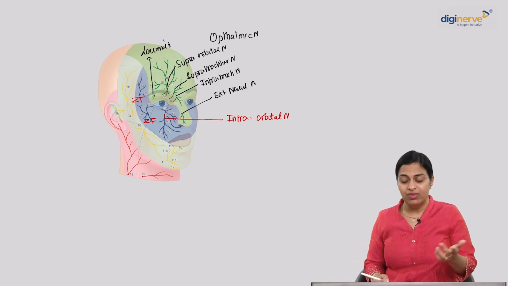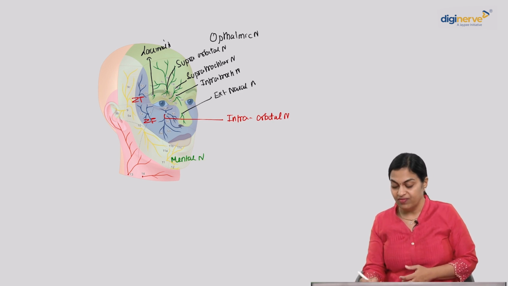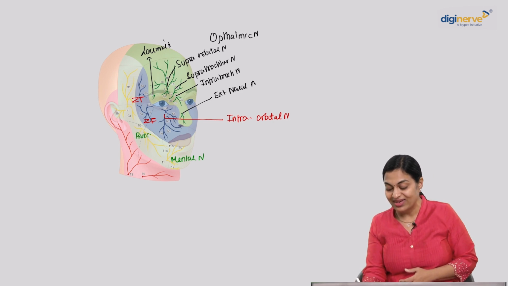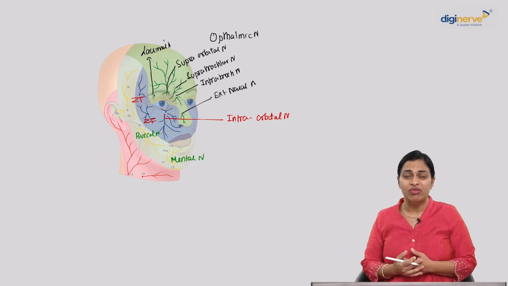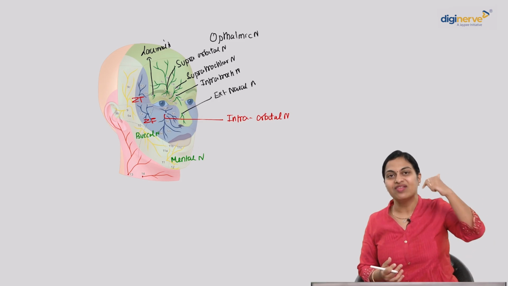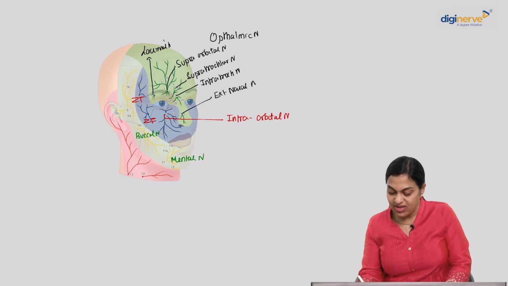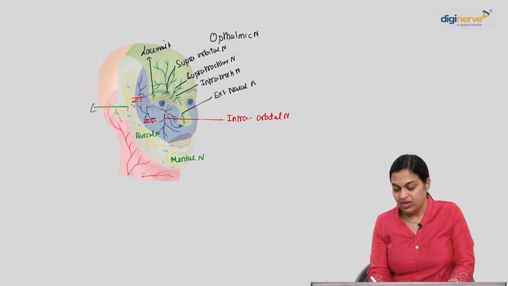And coming to the mandibular division of the trigeminal nerve, this is the mental nerve, the buccal nerve. I told you something about the buccal nerve. Do you remember? The buccal branch of the mandibular nerve pierces the buccinator. It is sensory, right? And this is the auriculotemporal nerve.